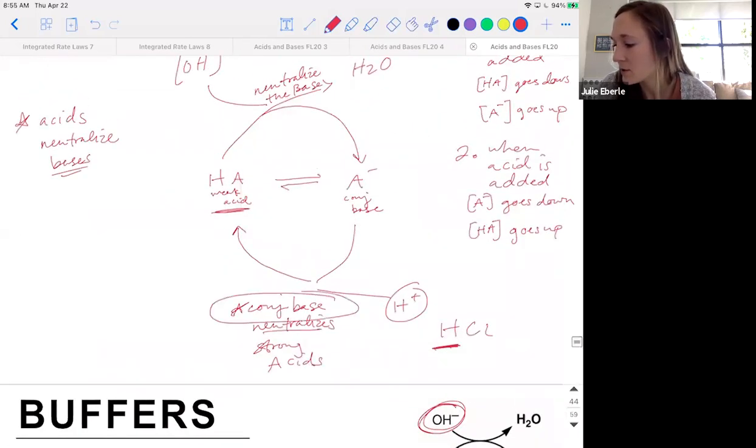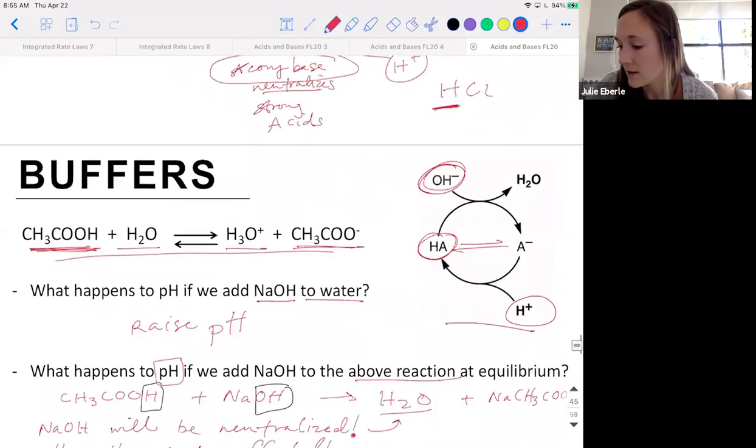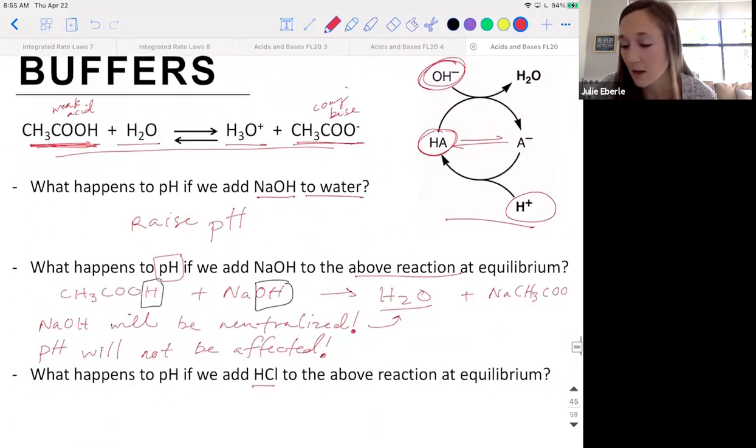Conjugate bases neutralize strong acids. So which portion is the conjugate base? This one is the weak acid. This one, acetate, is the conjugate base, right? So the conjugate base is going to go into action here and neutralize that HCl.